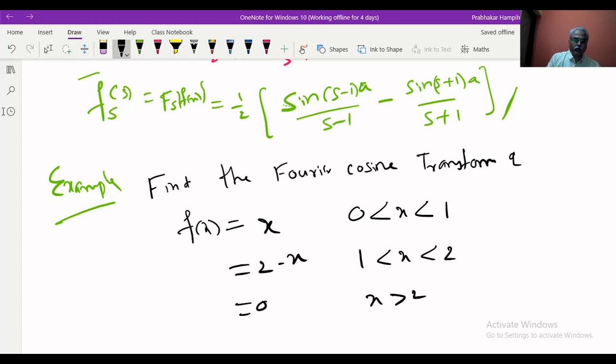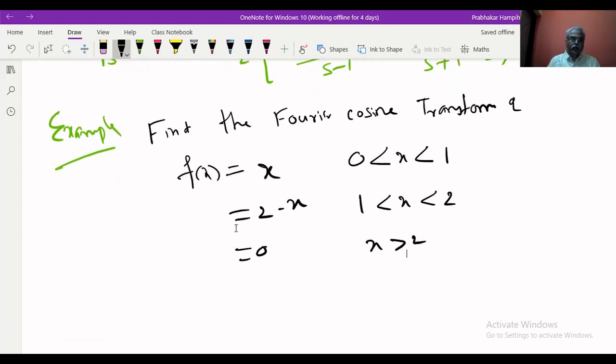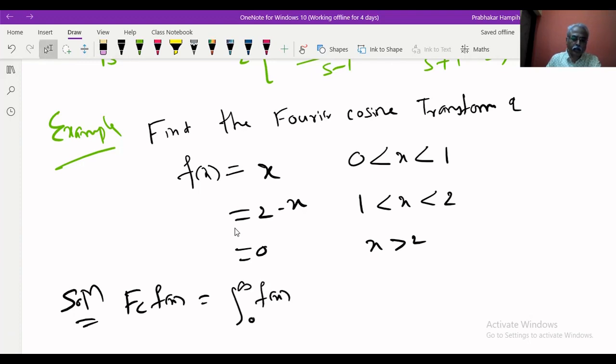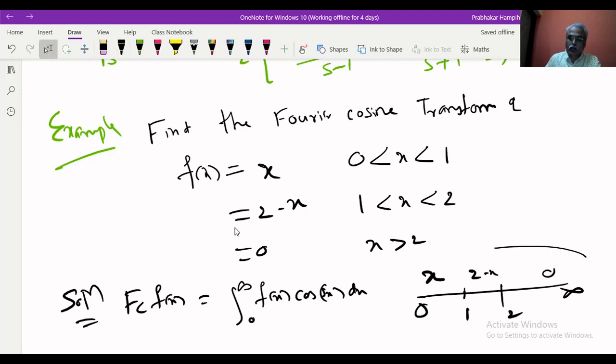Now when you know the definition of the Fourier cosine transform, it is not difficult to find the solution of this. The definition: 0 to infinity, the given function you are multiplying by the cos function, which is again broken into three parts: 0 to 1 here, 1 to 2 here, and 2 to infinity. 0 to 1 it is x, 1 to 2 it is 2 minus x, here it is 0.